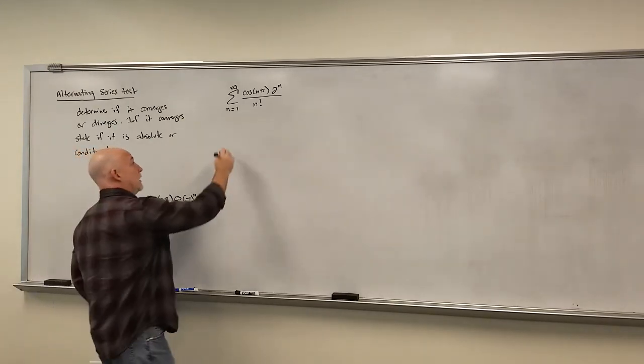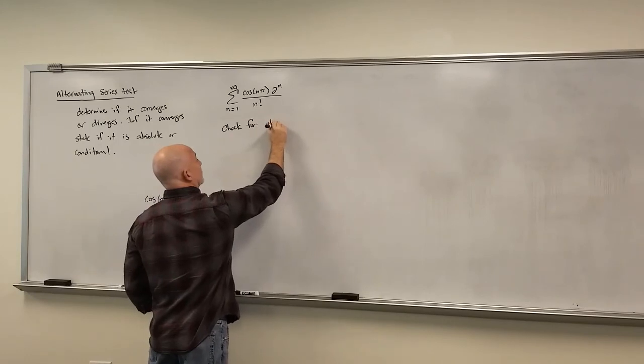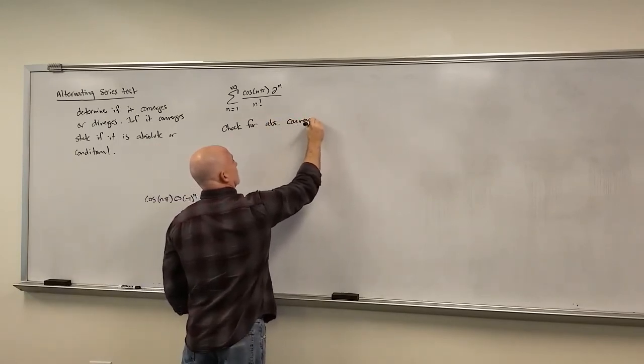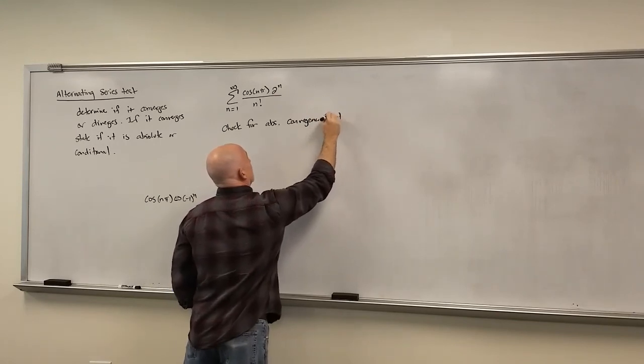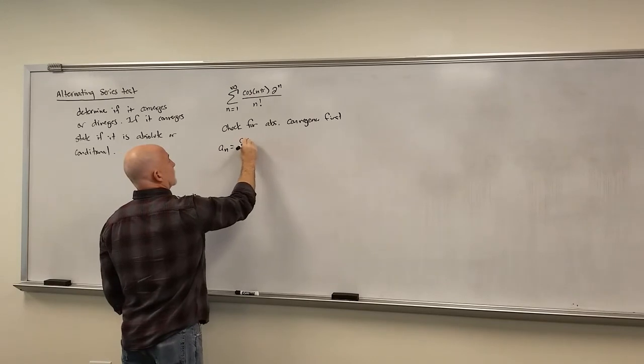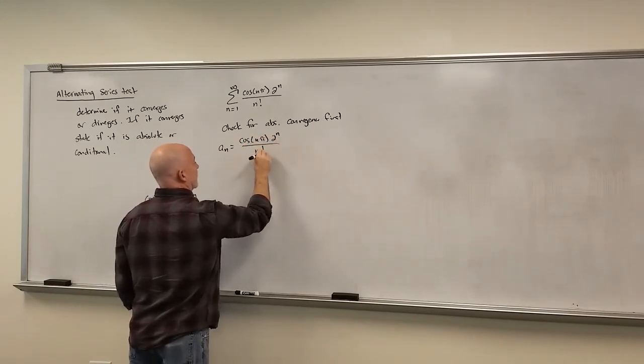So we're going to check for absolute convergence first. So my a sub n is everything here, cosine n pi times 2 to the n over n factorial.